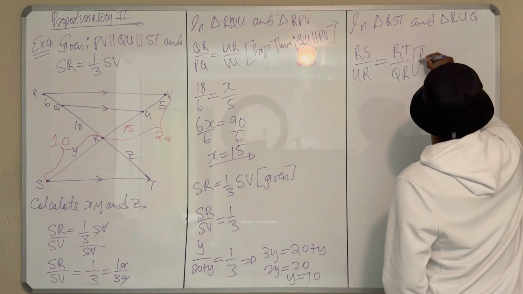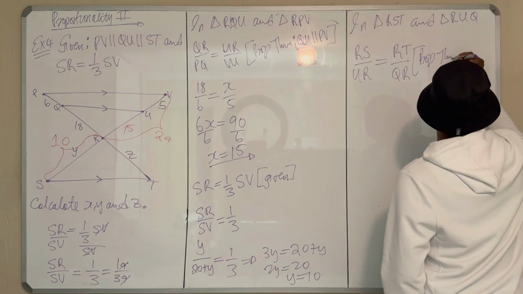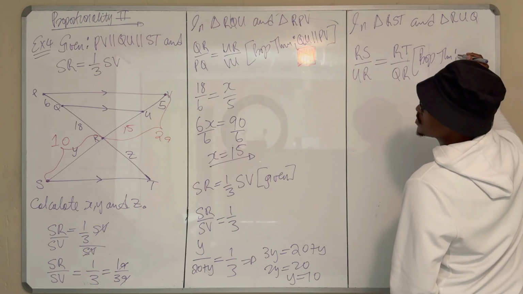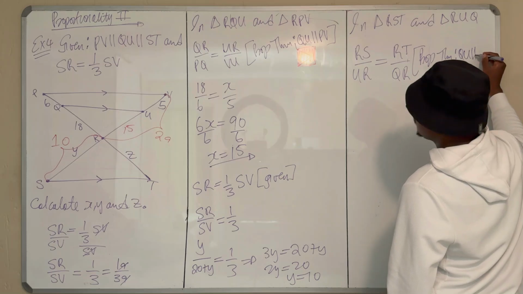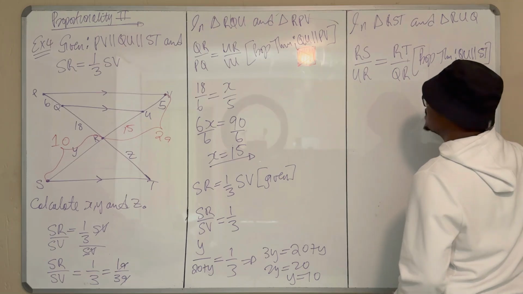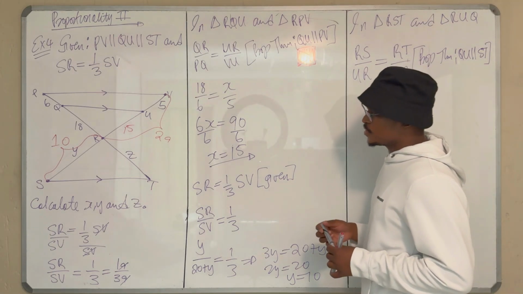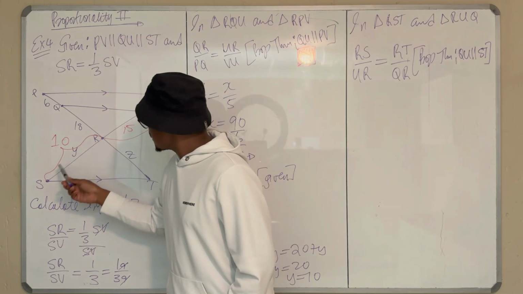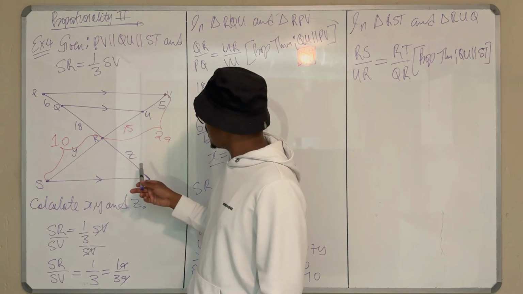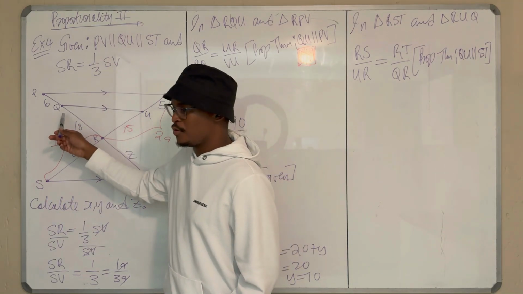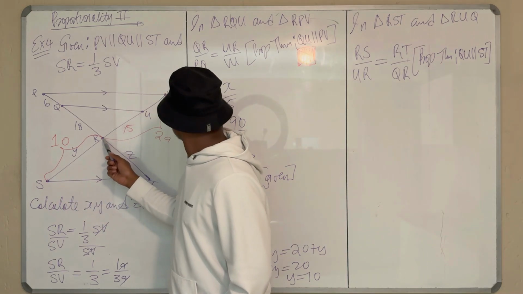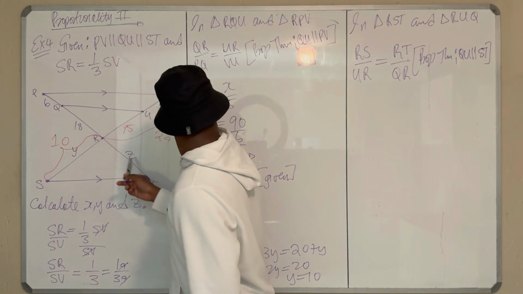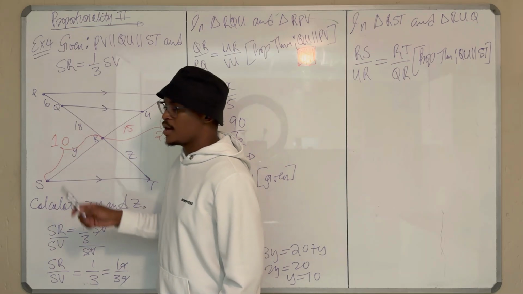This is the proportionality theorem. Why? Because your QU is parallel to ST. Is it clear? Because this triangle RST and triangle RUQ, which is your RS over your UR is equal to your RT over QR.